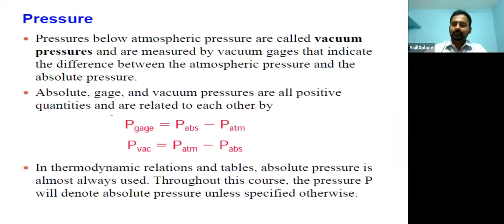Okay, let's move on to the next topic, pressure. So we all know that pressure is an evenly distributed force throughout a surface area.